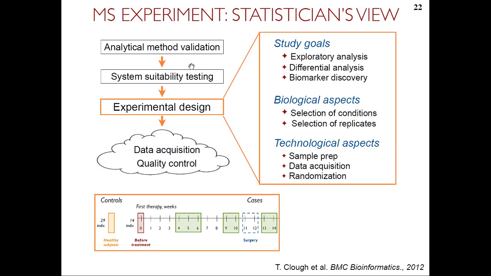This is another example just to illustrate the complexity of the design. So this was a collaboration with oncologists. They were studying osteosarcoma. This is a childhood cancer. They had 29 control subjects at a single time point, and then they had a time course profile of subjects with the disease. So they had plasma samples at diagnosis, at various time points during chemotherapy, before surgery, after surgery, and then also eventually later.